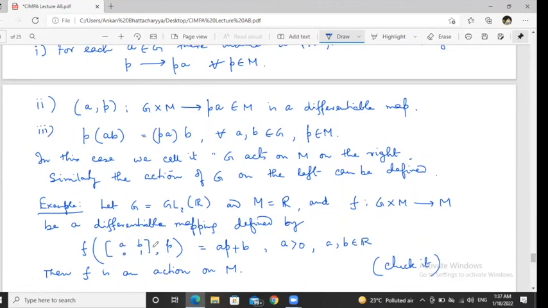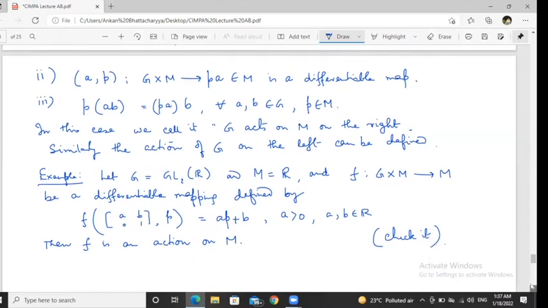Sorry, the element of G is this one and the element of M is here. So F from G cross M to M is defined in this way: (A, P) maps to AP plus B, and this is an action. F is an action on M.